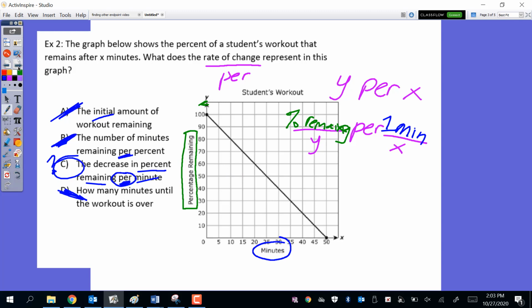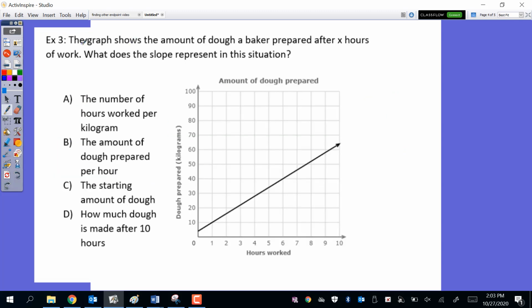Okay, let's look at number 3. The graph shows the amount of dough a baker prepared after x hours of work. What does the slope represent in this situation? So we're going to write it down again. Slope. That means my y per x. So we're doing blank per blank. Okay.